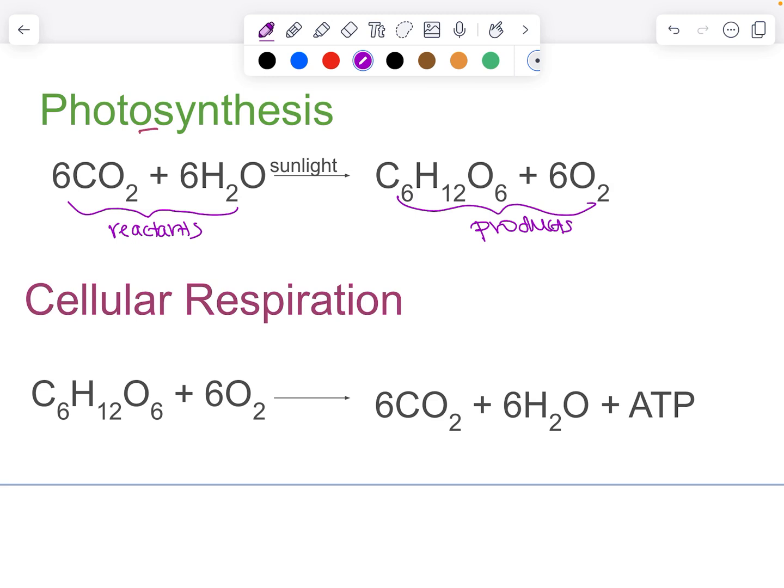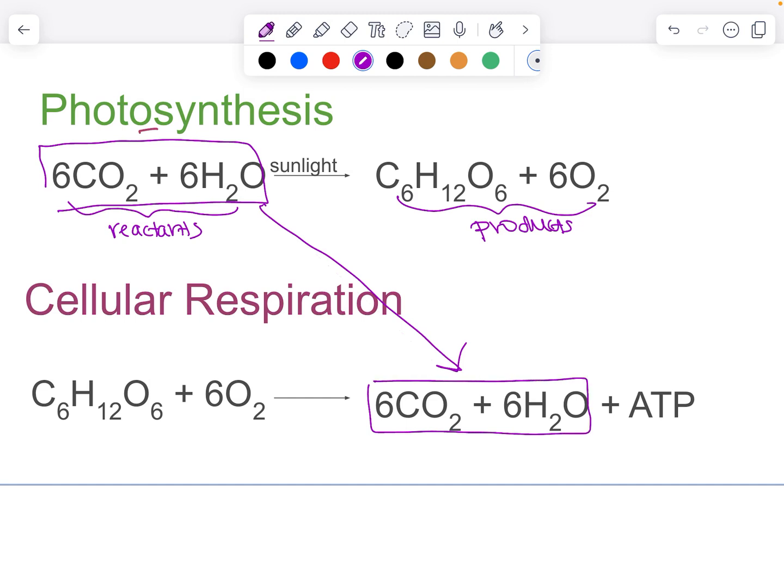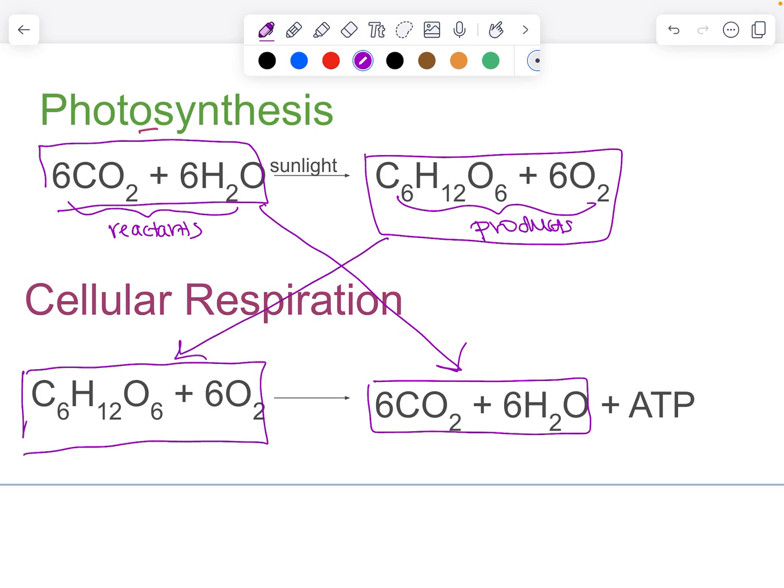So the reactants of photosynthesis, the carbon dioxide and the water, if you look to the products of cellular respiration, we have carbon dioxide and water. And then if you look to the products of photosynthesis, they are the reactants in cellular respiration.